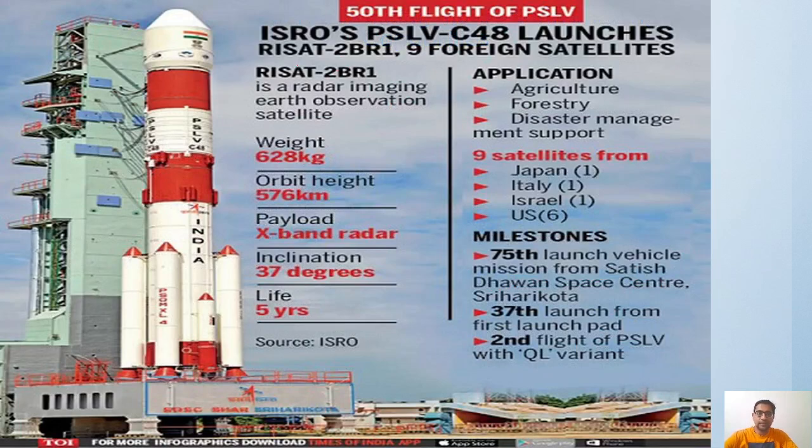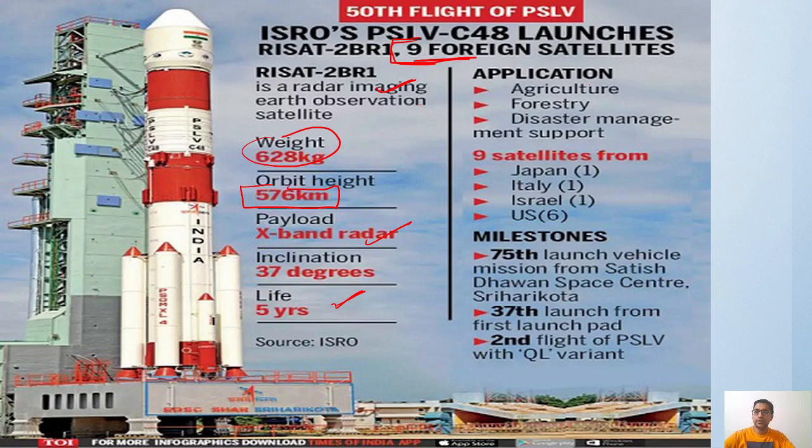Along with the satellite RISAT-BR1, we have even sent 9 foreign satellites. It is a radar imaging satellite, weighing 628 kgs, placed at an orbital height of 576 kilometers above the Earth's surface, with X-band radar and a life of 5 years.